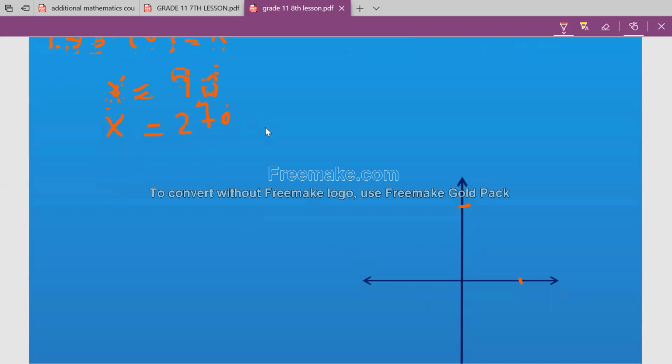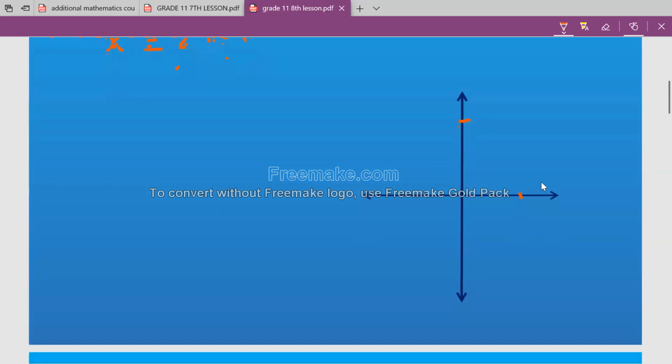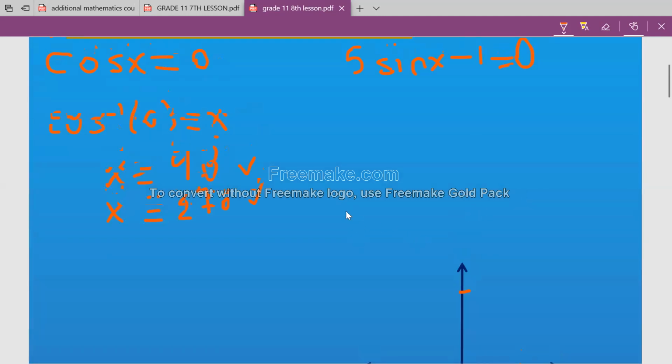Cosine 270, when you use calculator, you will find 0. These are our two solutions. If you remember, x-axis gives us cosine values, y-axis gives us sine values. Do not forget it. We learned when we were doing unit circle.